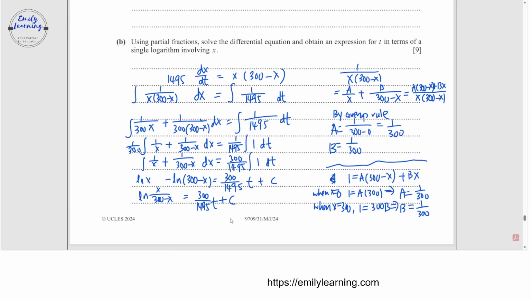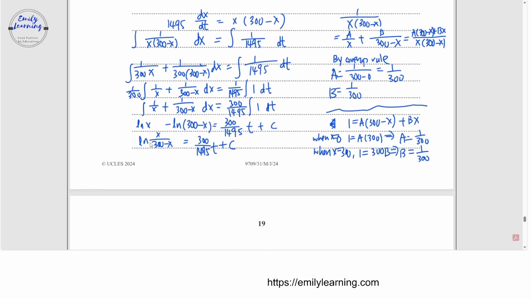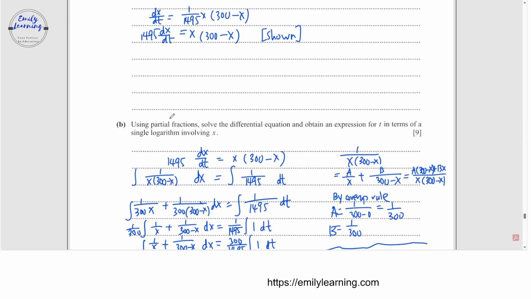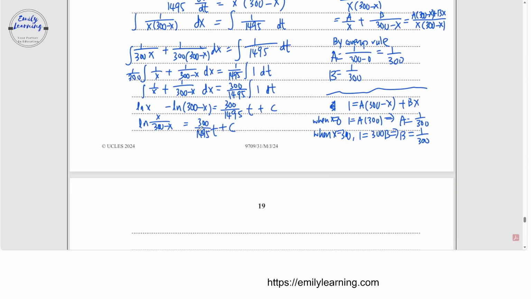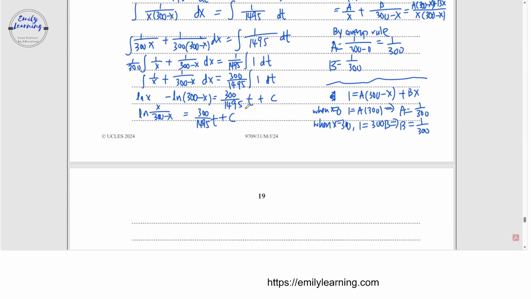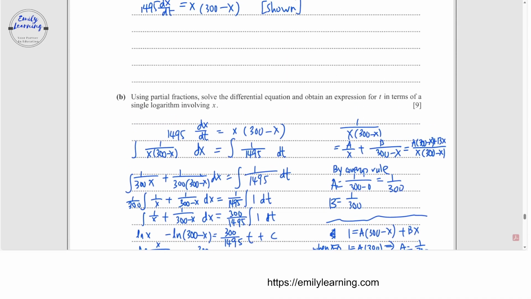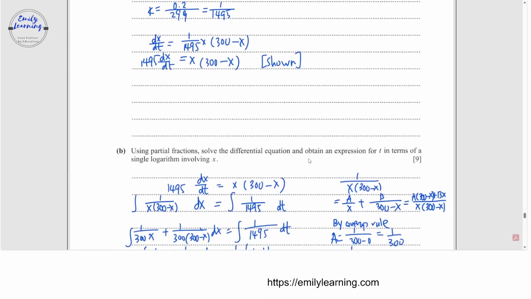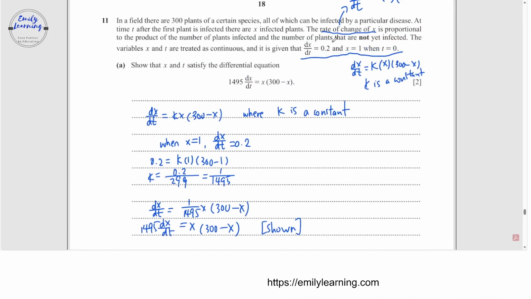They want to express t in terms of a single log involving x, so later we need to make t the subject. But before that, we need to find c. Then we will need to sub in when t is 0, x is 1.